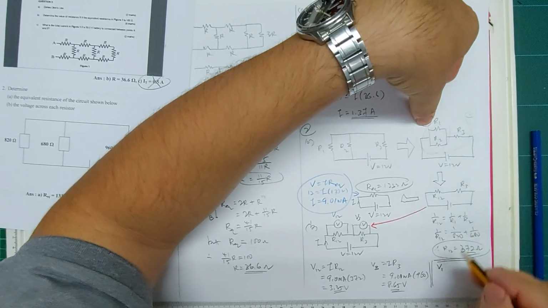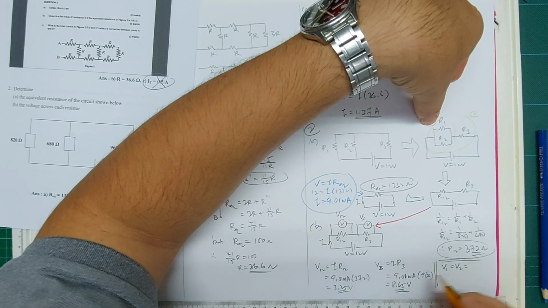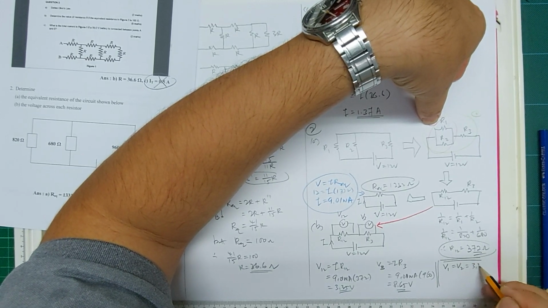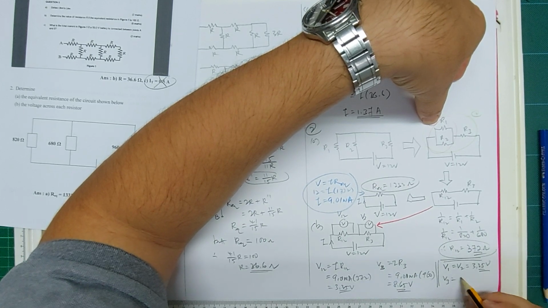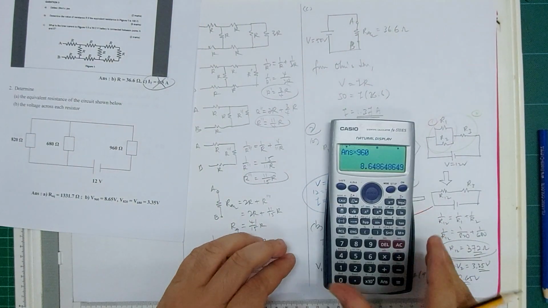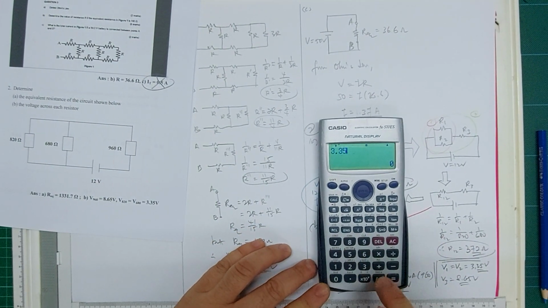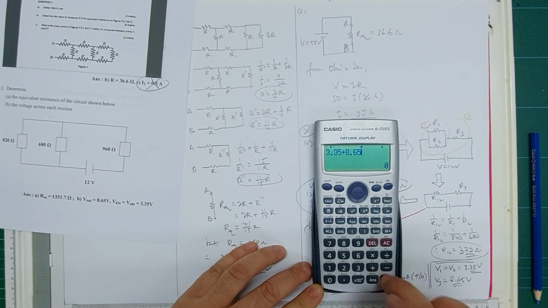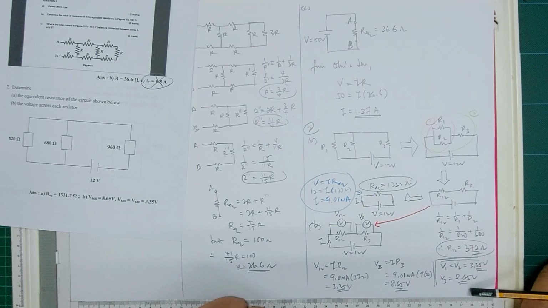So the voltage across V1 is equal to the voltage across V2, which is equal to V12, and it is equal to 3.35 volt. And V3, of course, is direct calculation at 8.65 volt. Now, if you want to try something, you can sum these two up. 3.35 plus 8.65, you are supposed to get 12 volt, if you round to the correct number.